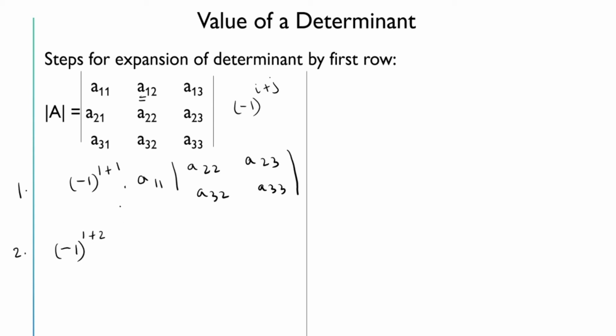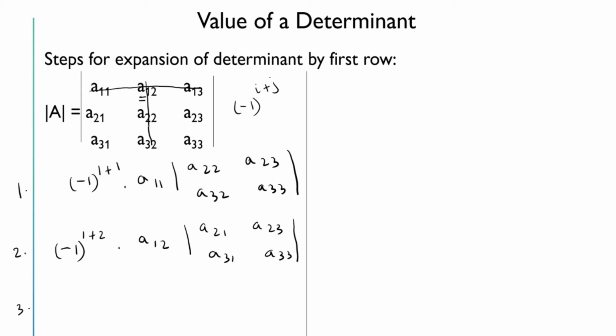So minus 1 raised to 1 plus 2, and we delete the corresponding row and column into that element A12 into the determinant of these elements. So this is the second step.